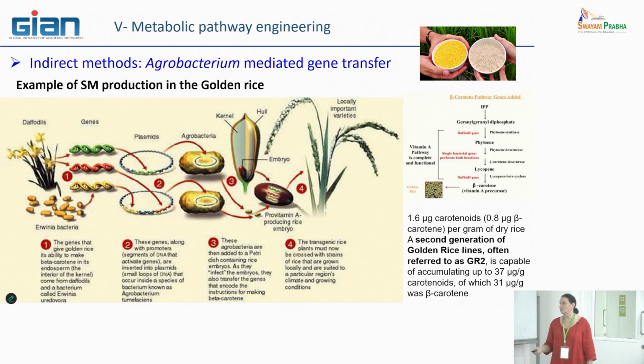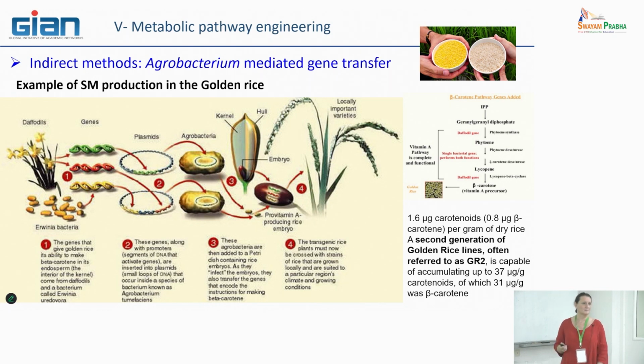So they have changed the origin of the genes encoding these enzymes because they found some enzymes with better activity. They have also modified different things in the feeding of this pathway, to produce more precursor, GGPP, for example.